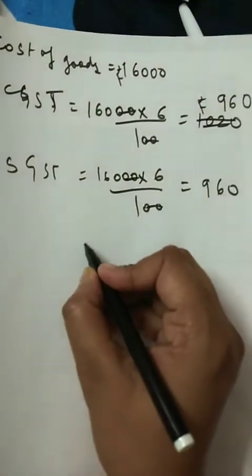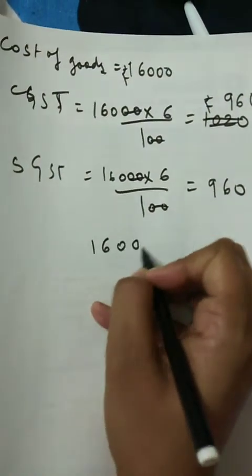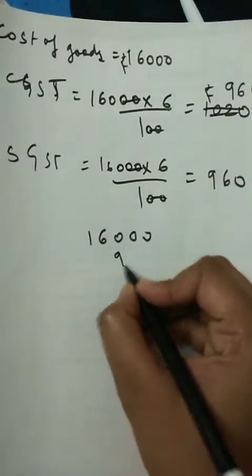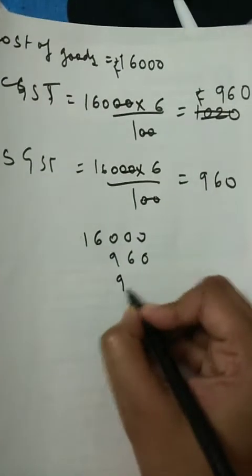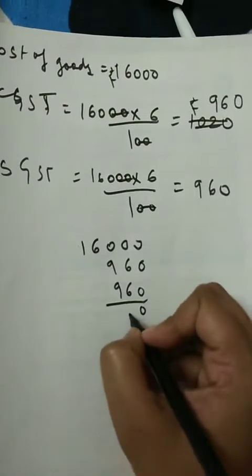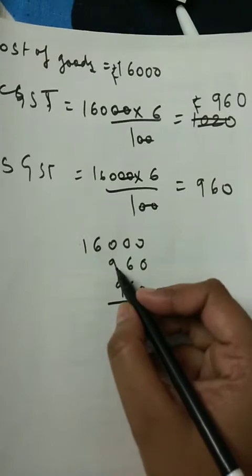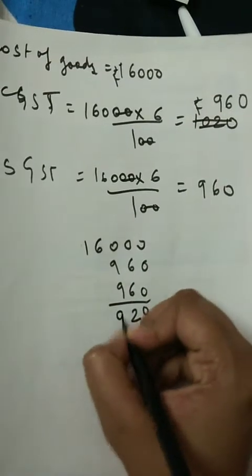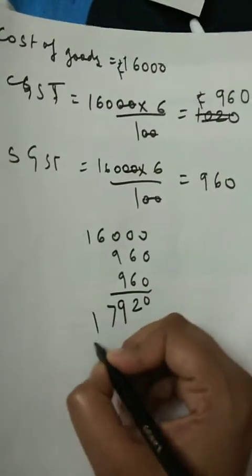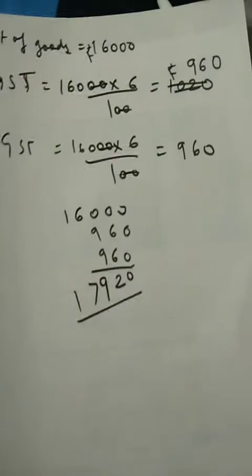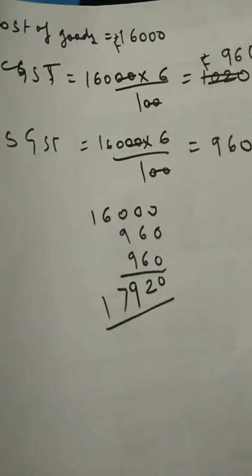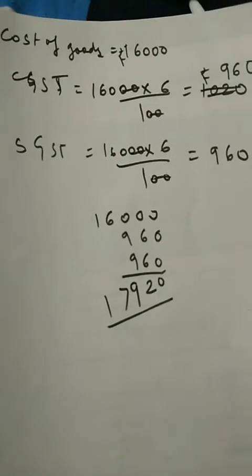So we will add 16,000 plus 960 plus 960. So this is the total amount of the bill in the case of intrastate transaction.